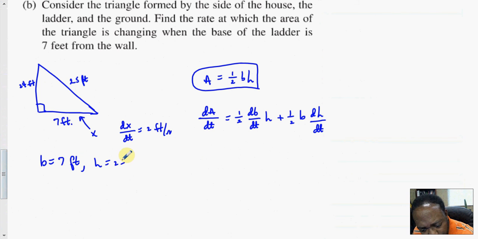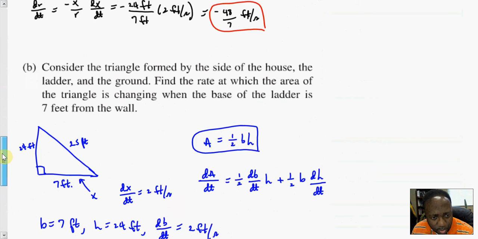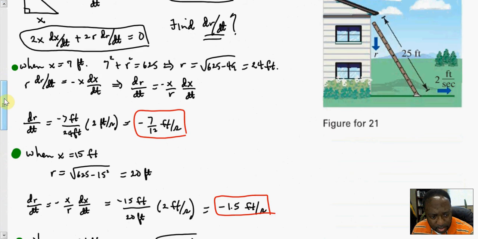The height is 24 feet. And dB over dt, that guy is the dx over dt, so that's the 2 feet per second. And the dH over dt, when x is equal to 7 and r was 24, we calculated that already. Then the dr over dt, which is now the height, the dH over dt, that's negative 7 over 12.